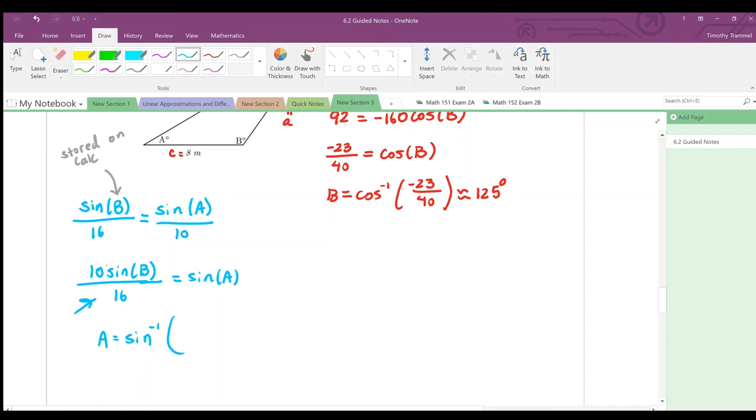And you can actually reduce the fractions on that left-hand side. 10 over 16, we could rewrite that as 5 sine of B over 8. So I just divided the 10 by 2 and the 16 by 2. So if we plug this into our calculator, we should get about 31 degrees.